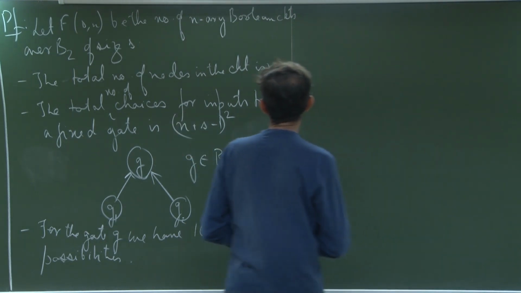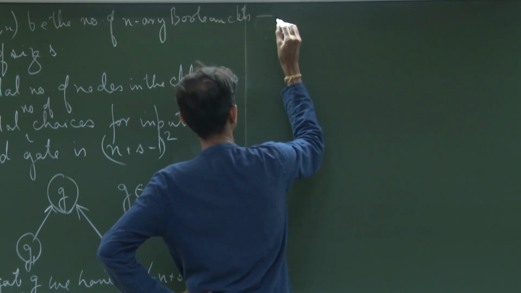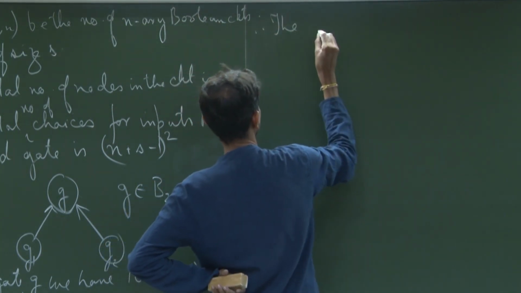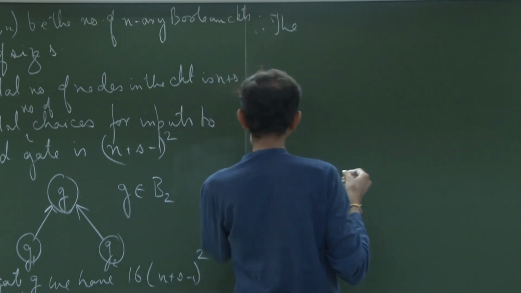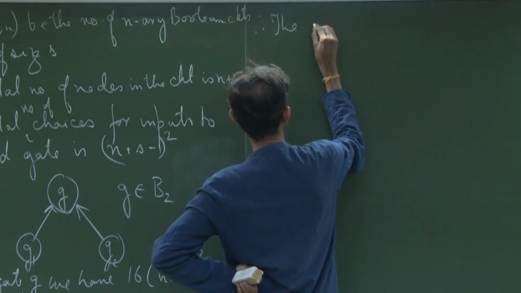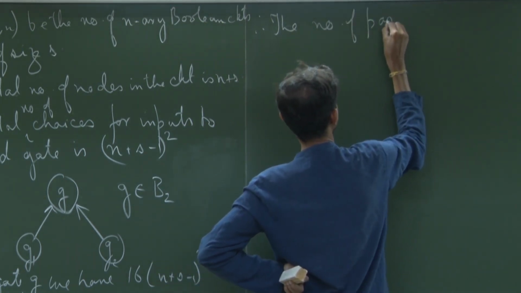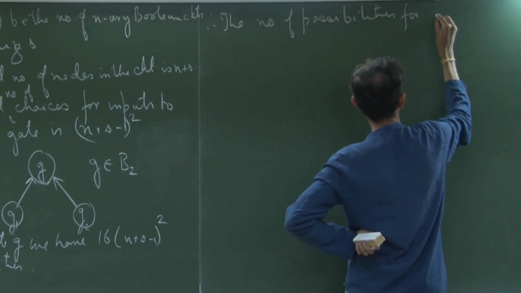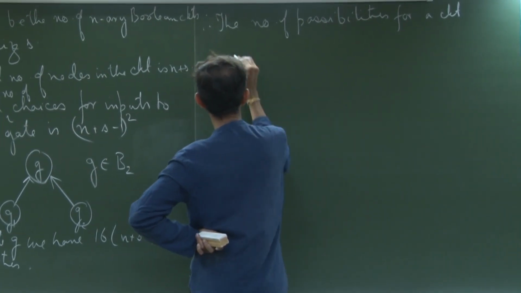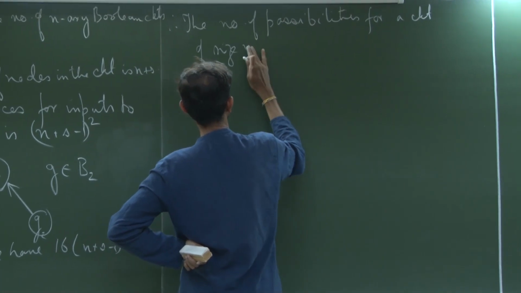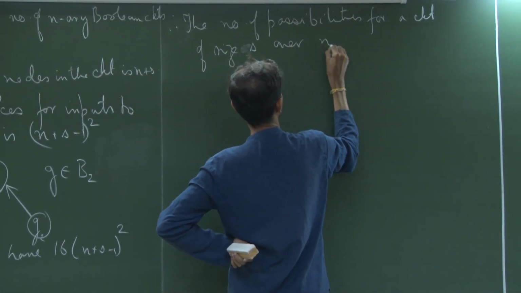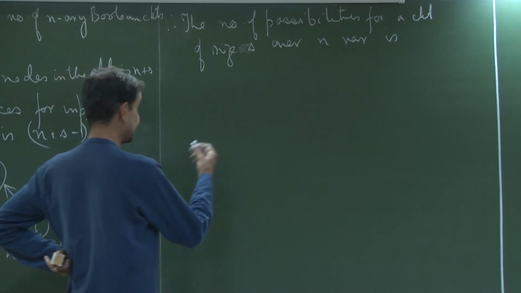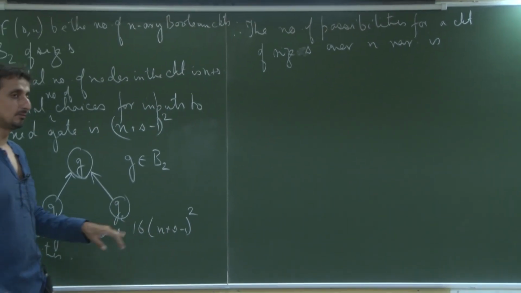So, the number of possibilities for a circuit of size s over n variables is, each of the s gates can be one of these possibilities.